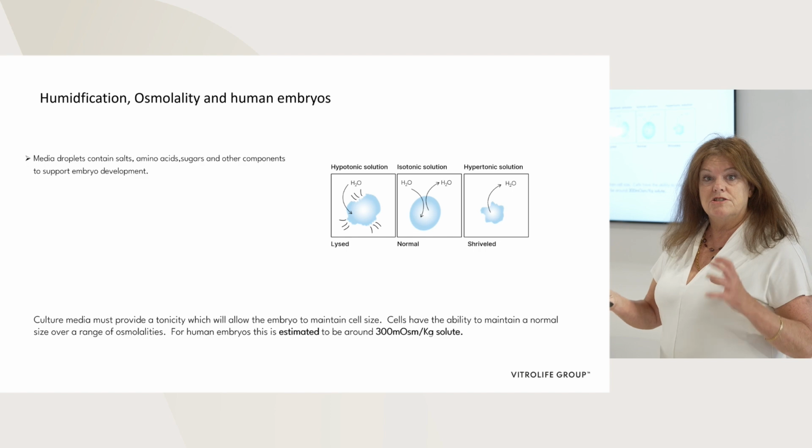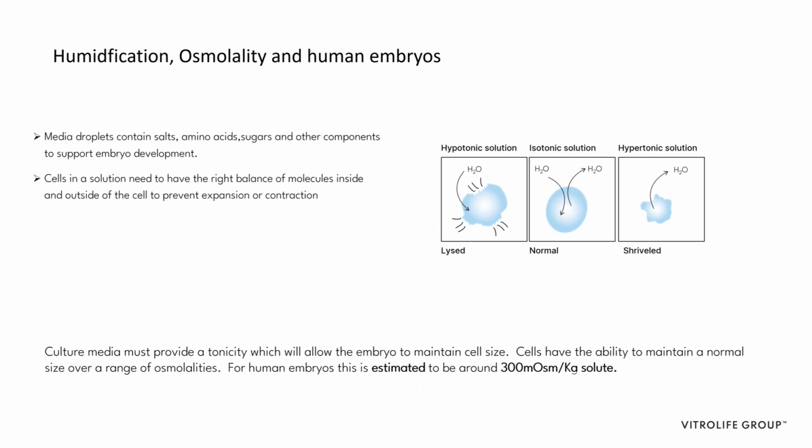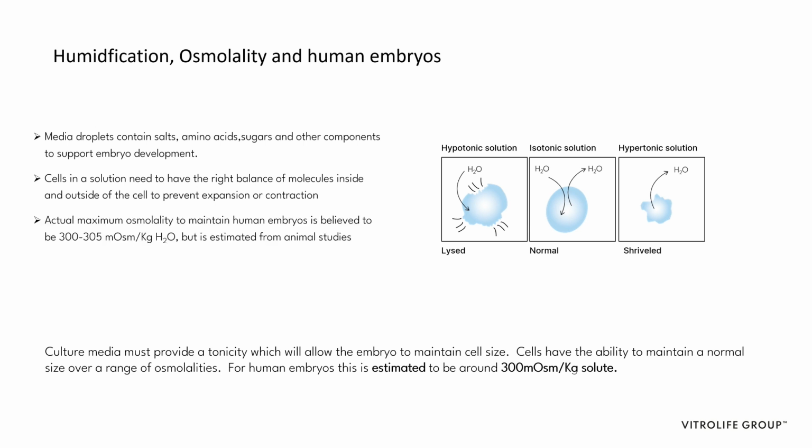If you have a normal concentration, the membrane remains stable and there's no change in the embryo, versus if you have a hypertonic solution, just like if you're swimming in high seawater for a long period of time, then the cells will shrink. So cells in solution need to have the right balance of these minerals to equilibrate the growth of the embryos.